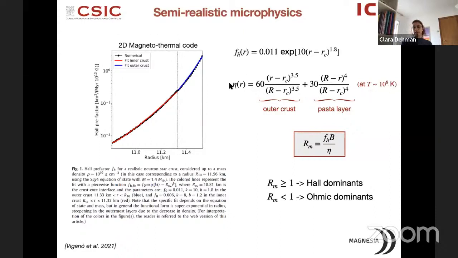Now, once we know F_H and eta, and we also know the magnetic field, we can define the so-called magnetic Reynolds number. It tells about the relative importance of the Hall term and the ohmic term in our induction equation. If it's of order 1 or higher, then the Hall term dominates. If less, the ohmic term dominates.